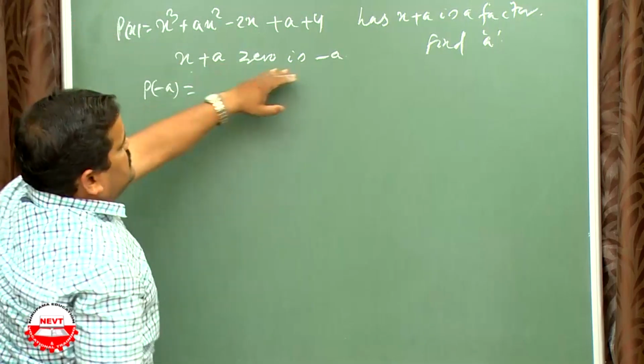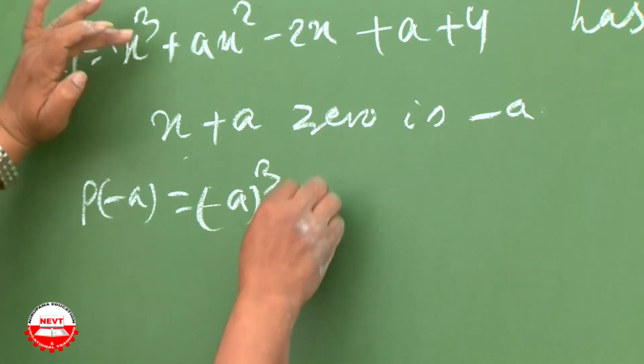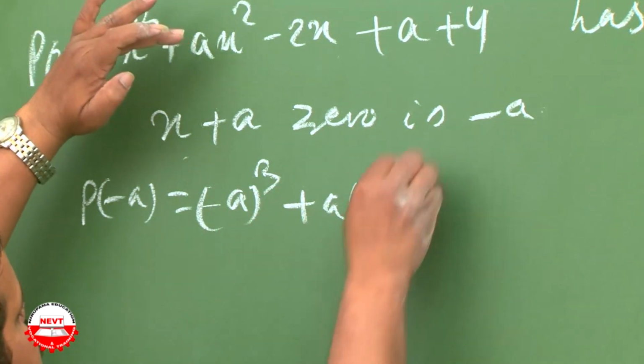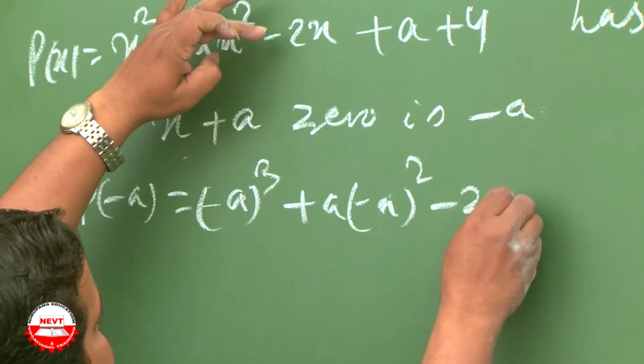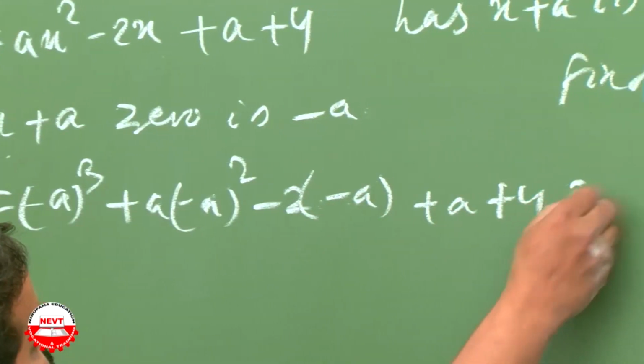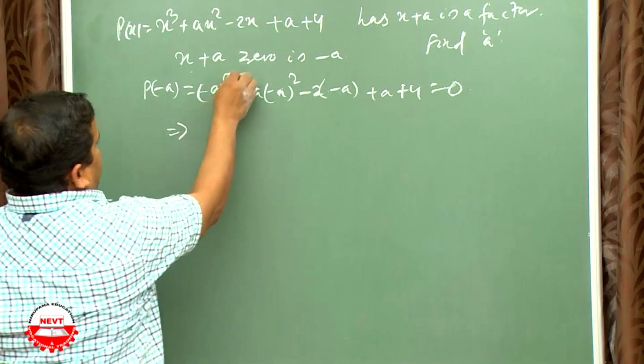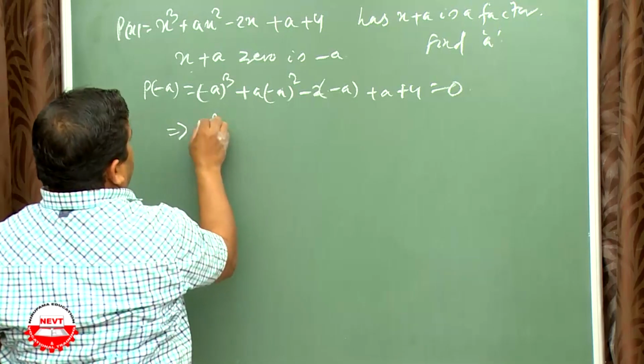So what is p of minus a is equal to, because zero is minus a, is equal to minus a whole cube plus a into minus a whole square minus 2 into minus a plus 4 is equal to 0. That means minus a whole cube is minus a cube.